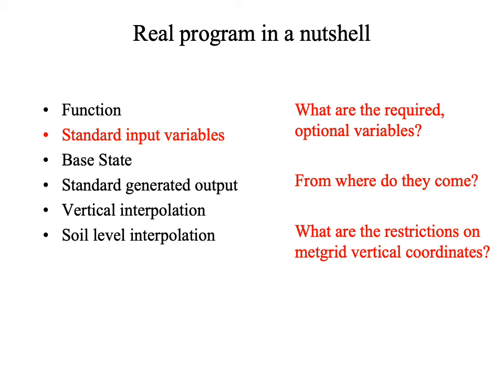The data comes ultimately from the national center, but it gets horizontally interpolated inside of metgrid. It gets vertically interpolated and diagnosed inside of the real program. The only restriction that is on the vertical coordinate that comes from metgrid is that the data is strictly monotonically increasing or strictly monotonically decreasing when it comes to pressure.